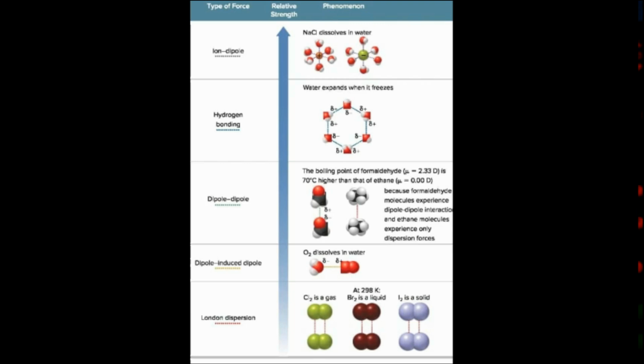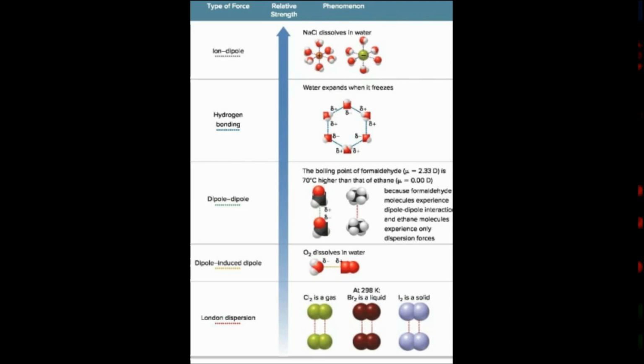The other one is dipole, induced dipole, which I didn't show you, but I want to show you now. What it means, dipole, induced dipole. You've got two molecules. One is the water, another one is the oxygen. Here, look here. So now what's happening? The oxygen is not a polar molecule, water is. So what's happening?